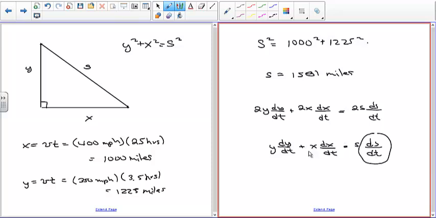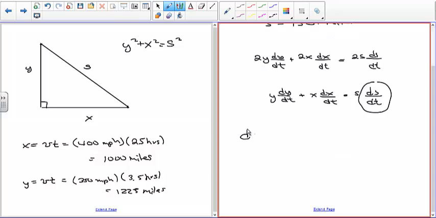That's what we're trying to solve for. We know y, we know x. dy/dt is 350 miles per hour, dx/dt is 400 miles per hour, s is 1581. So what we'll have is ds/dt is going to be y dy/dt plus x dx/dt, all divided by s.